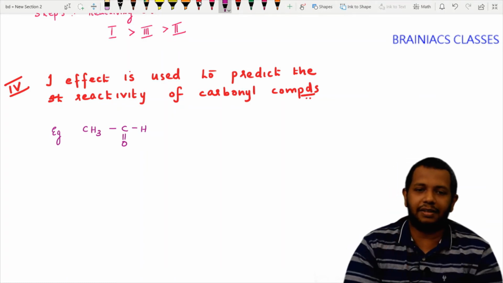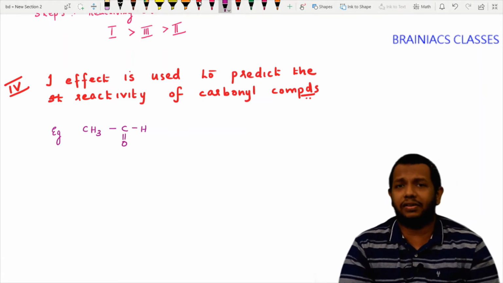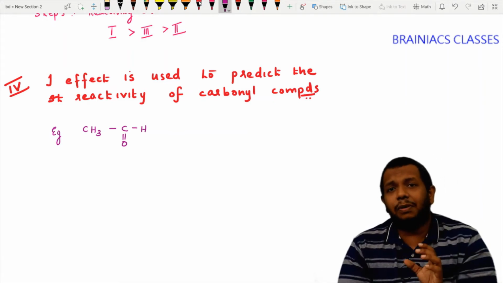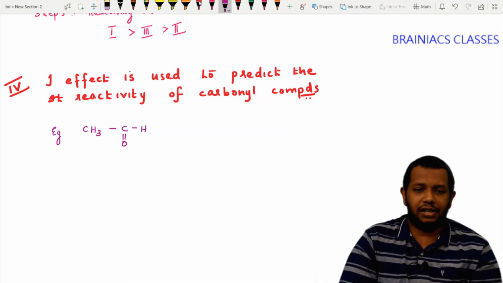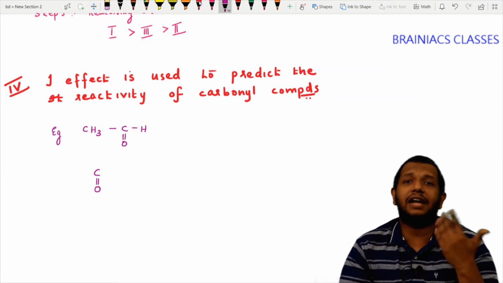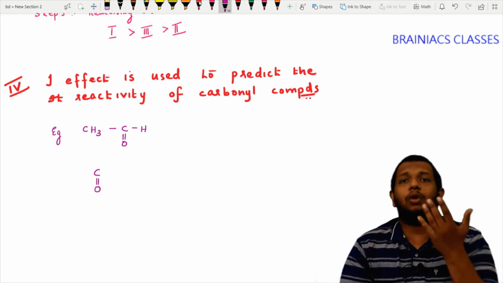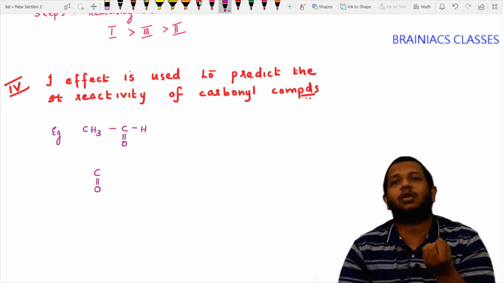Okay, let's see. On analyzing this carbonyl group, for example, C double bond O, this is the carbon-oxygen bond. I know that oxygen is more electronegative than carbon. So what is the effect of being more electronegative? Oxygen will attract the electrons towards its side.